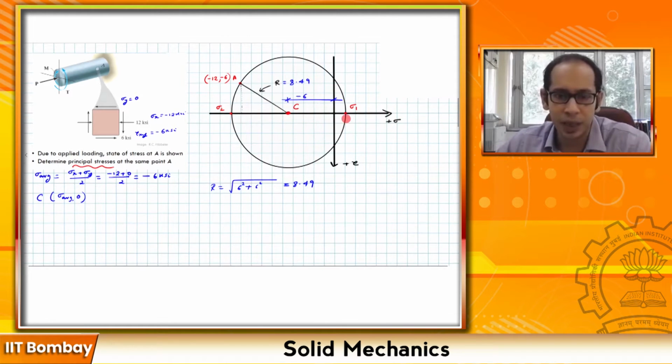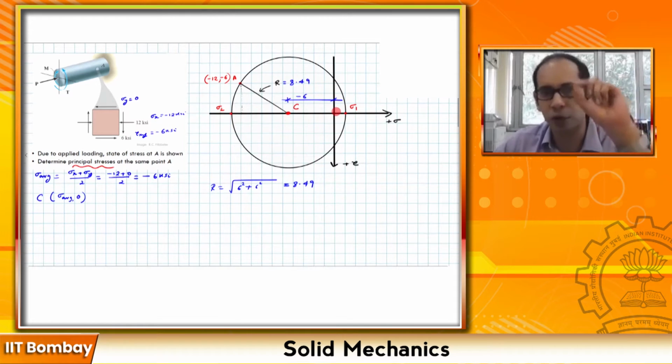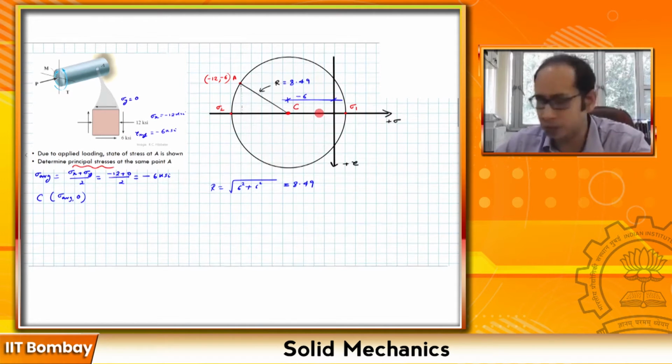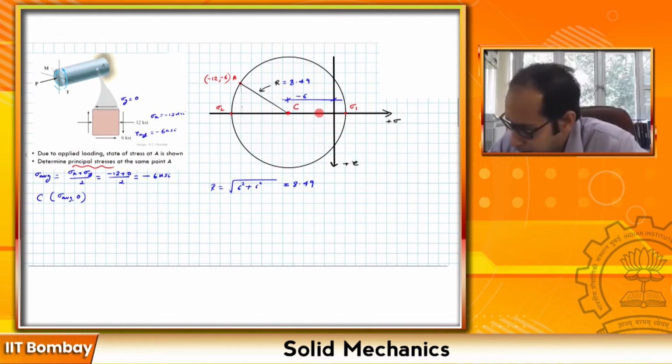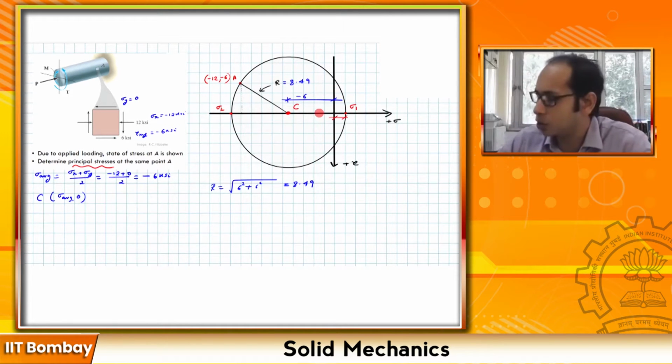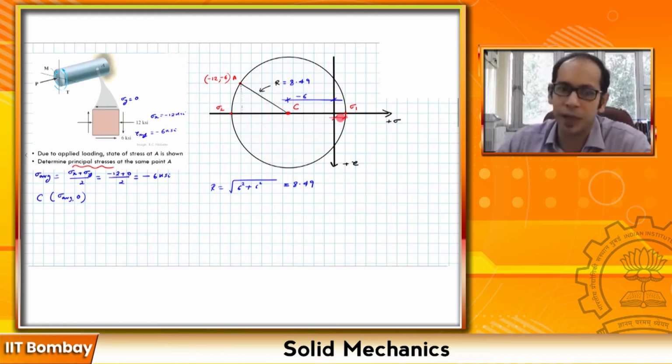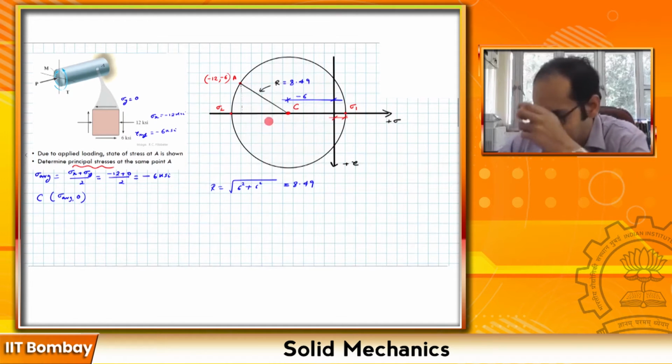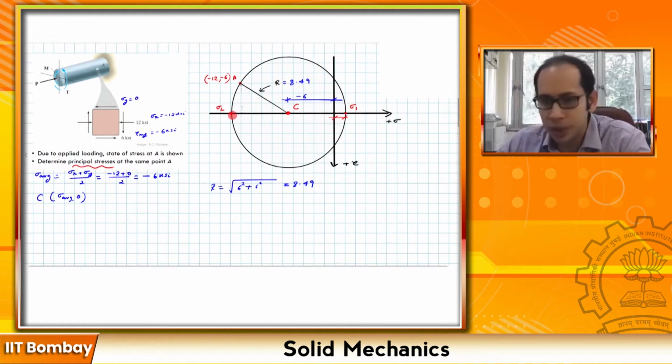Since the radius is 8.49, the value of sigma 1, remember, the value of sigma 1 is always the distance of any point from the origin. So the distance from here to here, let me mark that, is what you're trying to find. That is going to be your radius 8.49, minus 6 will be your sigma 1, and similarly your sigma 2 in this particular case will be minus 6 minus 8.49.